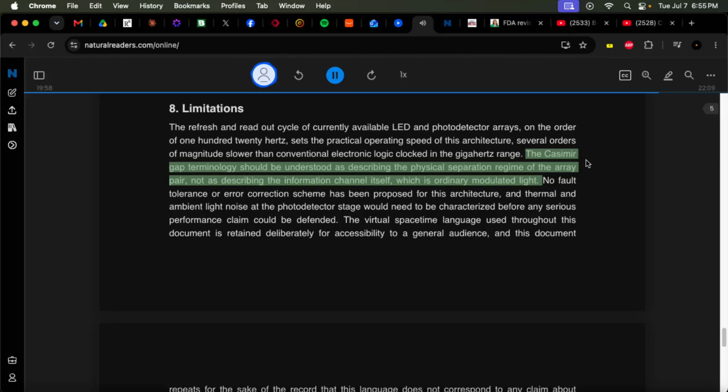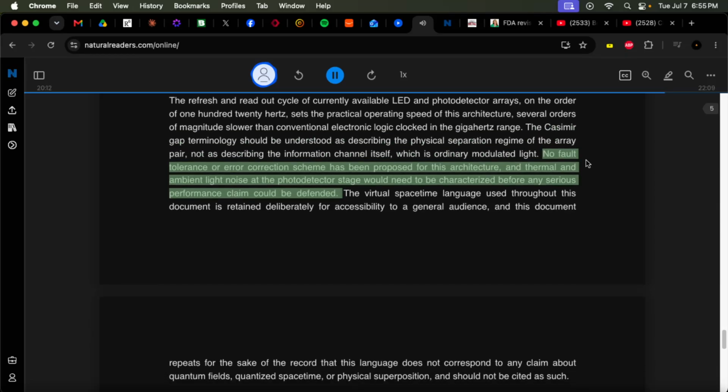The Casimir gap terminology should be understood as describing the physical separation regime of the array pair, not as describing the information channel itself, which is ordinary modulated light. No fault tolerance or error correction scheme has been proposed for this architecture, and thermal and ambient light noise at the photodetector stage would need to be characterized before any serious performance claim could be defended.